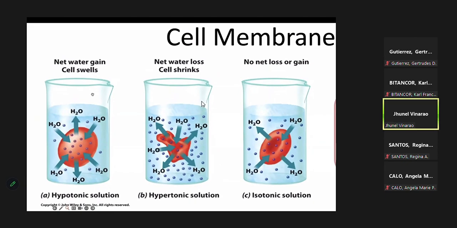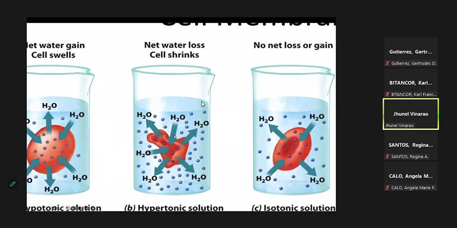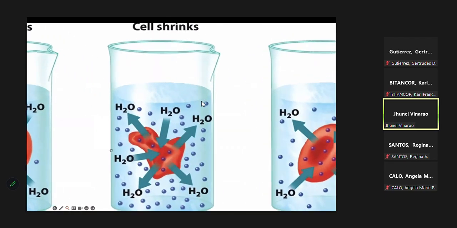Let's say you're stuck on an island and you're very thirsty. We know you can't drink salt water to relieve your thirst, because instead of being hydrated, you become dehydrated, right? When you drink salt water, it has a lot of solutes, a lot of sodium chloride.